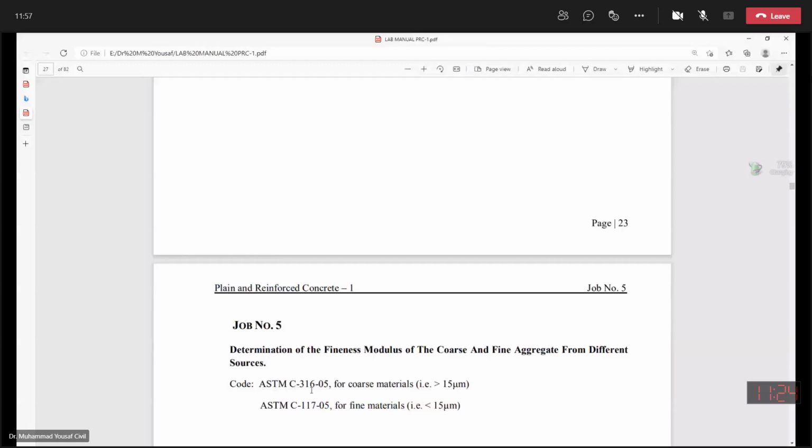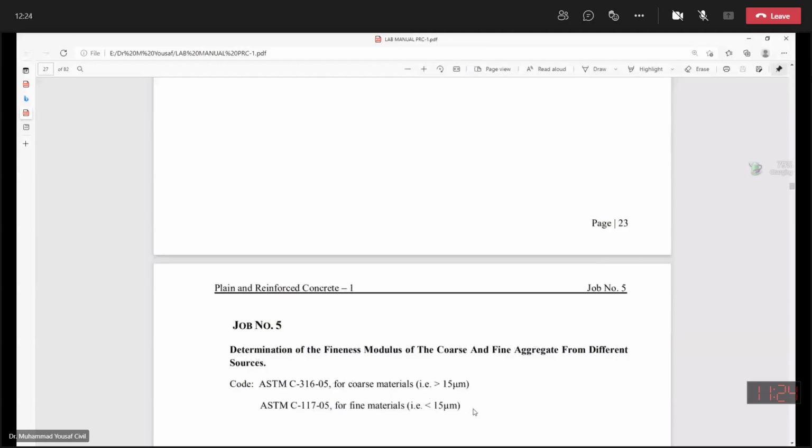Okay, it is for coarse material, greater than 75. Please change it. It is a PDF format, so at this moment I cannot change it. So this is 75. Similarly, for fine material, it is ASTM C117, less than 75 microns.